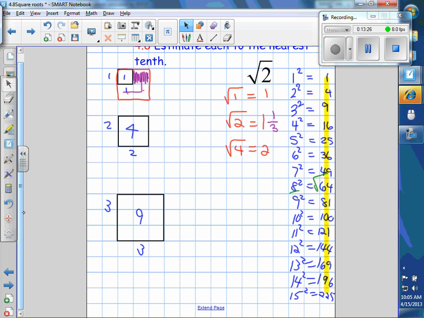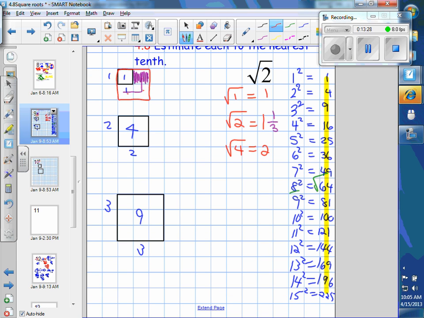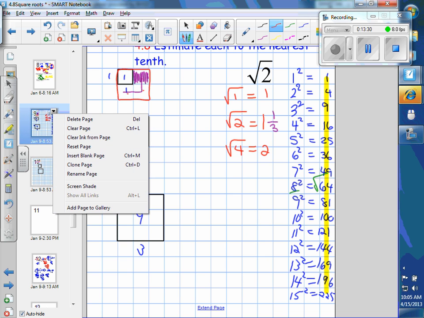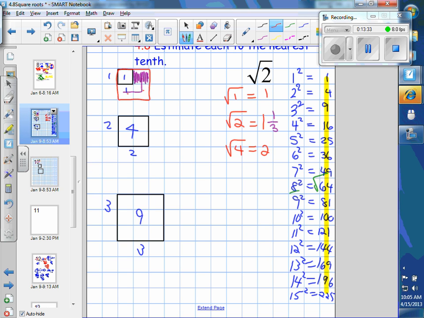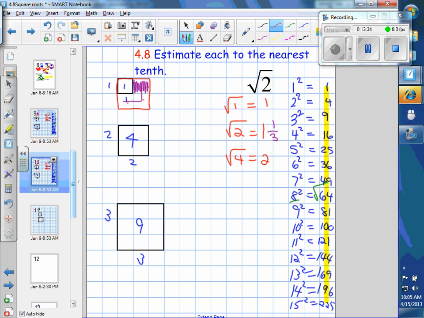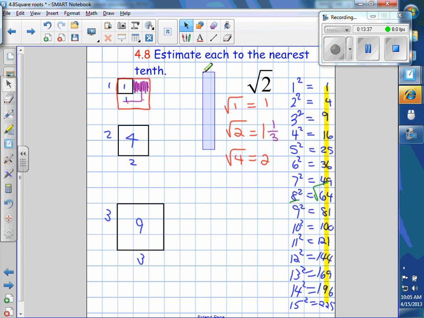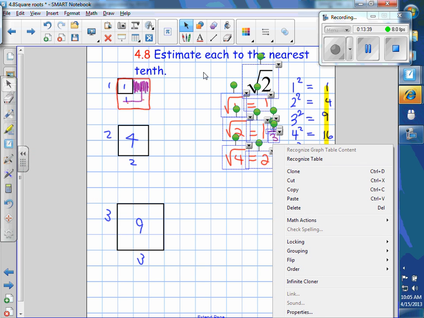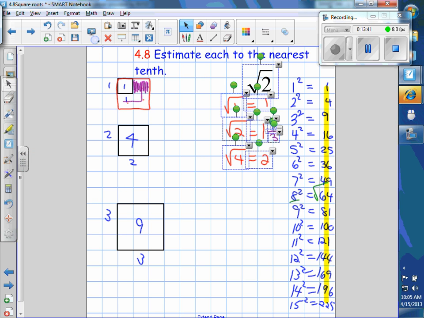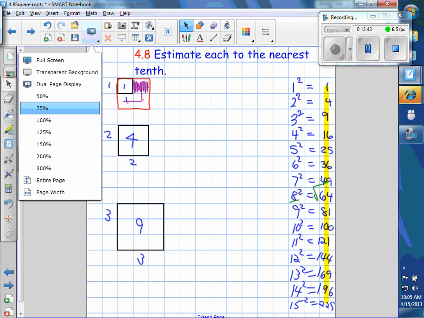So watch. You got to let me do a few here. If I want to do the square root of 5, so I'll show you the other page while I do this so you can look at the similarities.